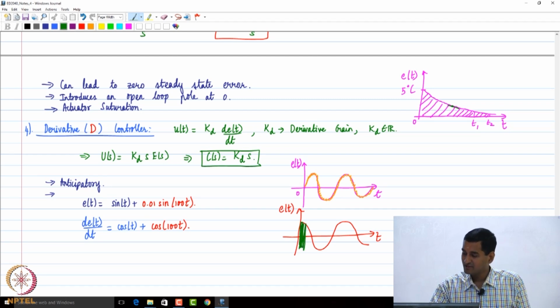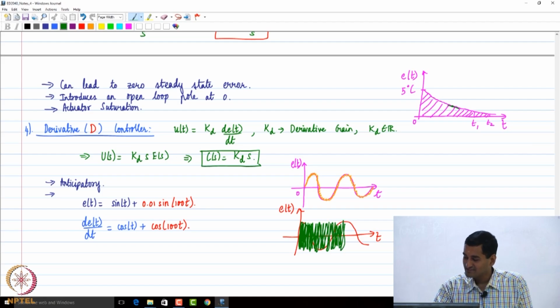I'm just drawing it relative to this, but you get the point. It's going to mask this signal, so your controller is going to fluctuate very, very fast, which is not the intended result. That's due to the fact that the derivative controller may amplify high frequency, low magnitude noise.